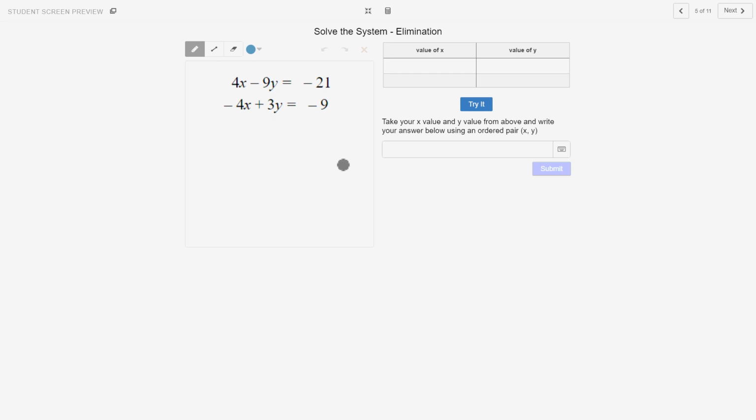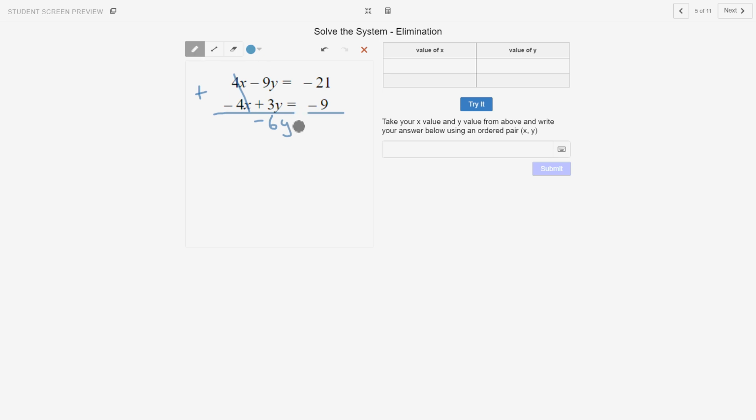First thing I'm going to look for are opposite coefficients, which I've got them, 4 and negative 4. So I'm going to add those together, and I pick our plus sign. Those cancel. Negative 9 plus 3 is negative 6y. Negative 21 plus negative 9 is negative 30.